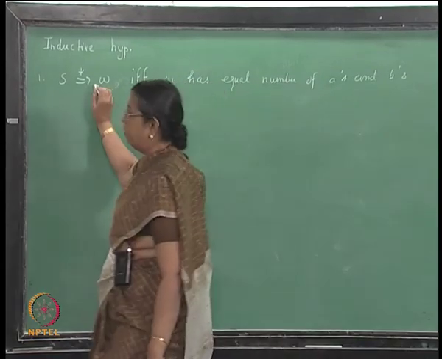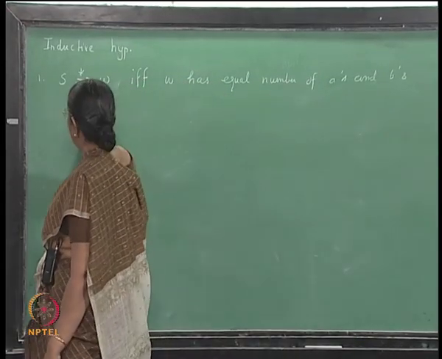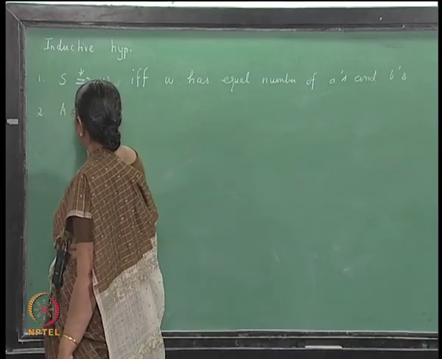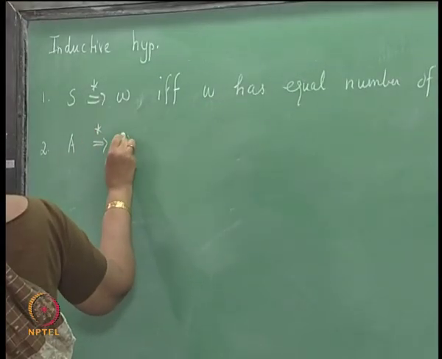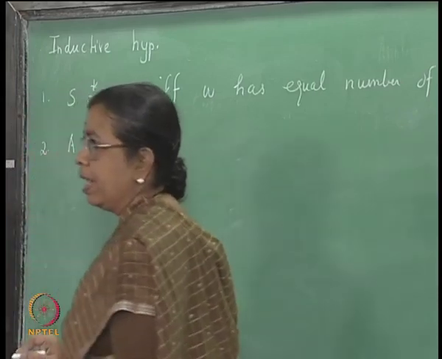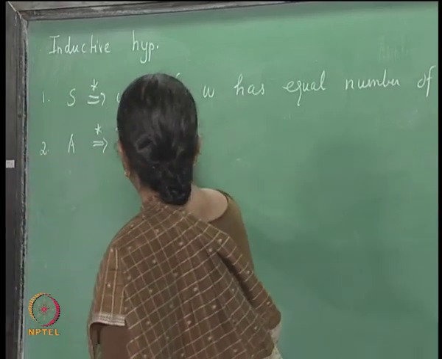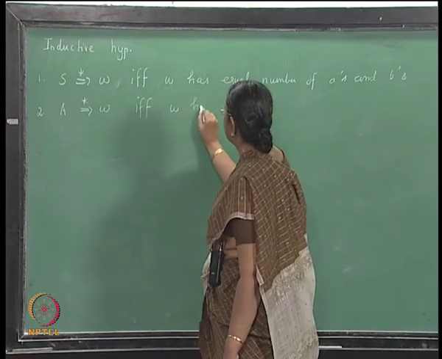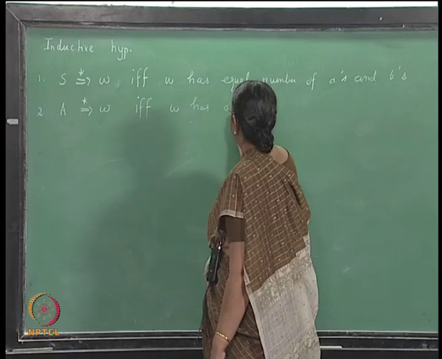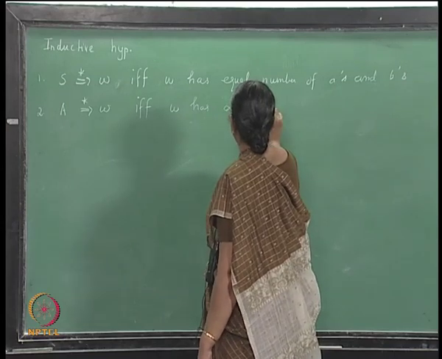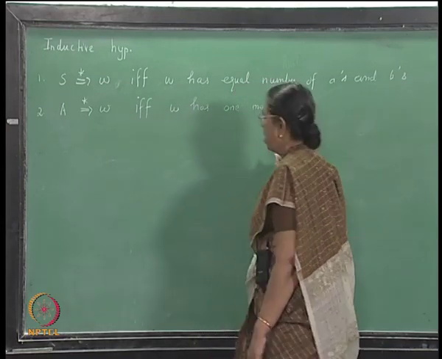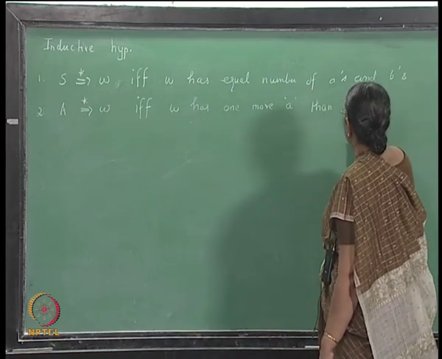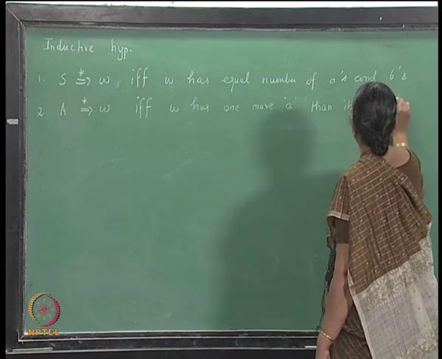But this is the one we want to prove, but in order to prove that we need to prove something more also. String is derivable from the non-terminal A if and only if W has one more A than it has B's.